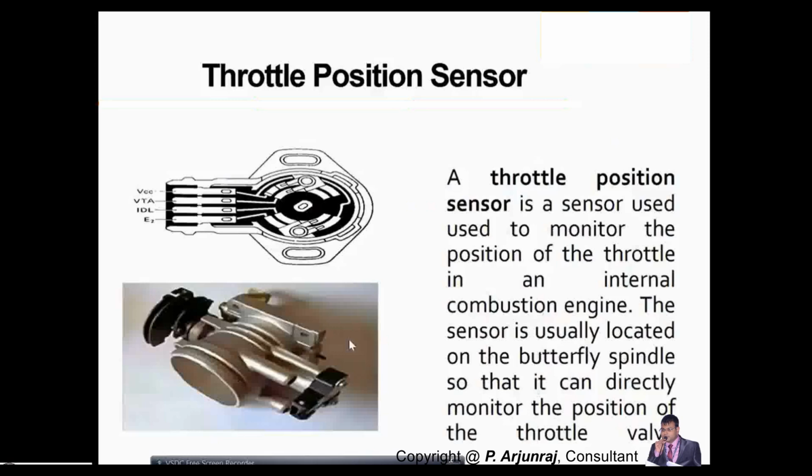This throttle valve is meant for allowing the air, and the quantity of air allowed can be controlled with the help of the throttle position sensor. Accordingly, it will help position the throttle valve open, so that the air enters the system.